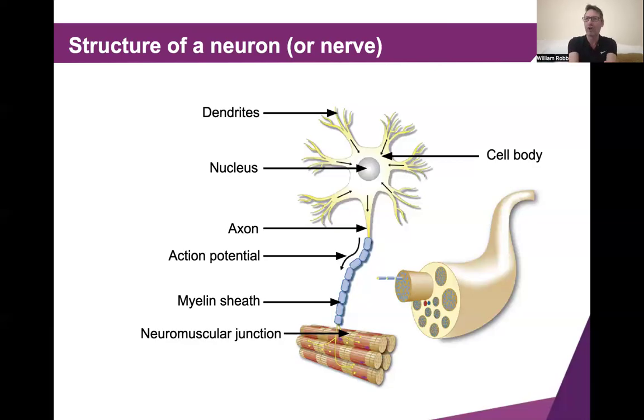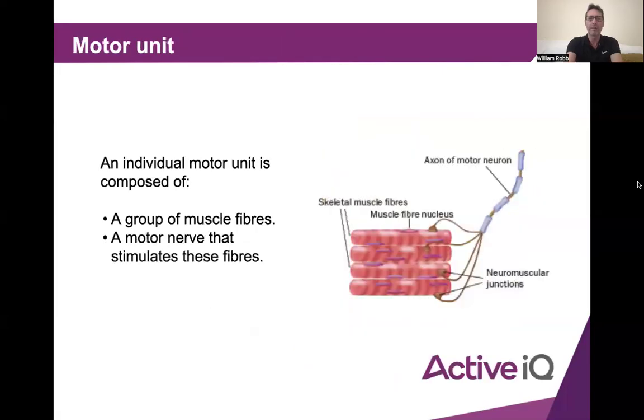Around the outside of that, you've got a hard coating cable to protect the internal wires. So that is similar to the myelin sheath. And then it's terminated onto the neuromuscular junction by the synaptic end bulbs. Now you may need to remember this sequence, as there may be a question on your theory paper.